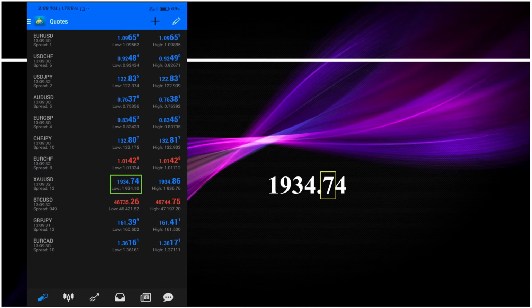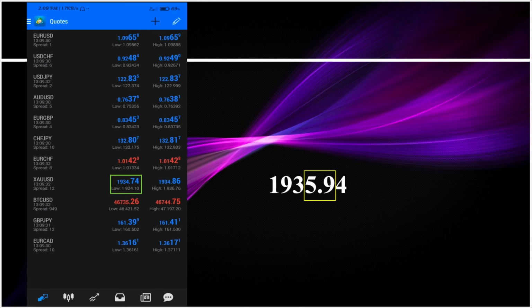So if gold should make a move of 2 pips, that means the value will change from 7 to 9, because gold made a move of 2 pips. Let's continue with other examples. With the initial value of 0.7, if gold makes a move of 12 pips, the new value will be 1935.94. That's because gold made a move of 12 pips.